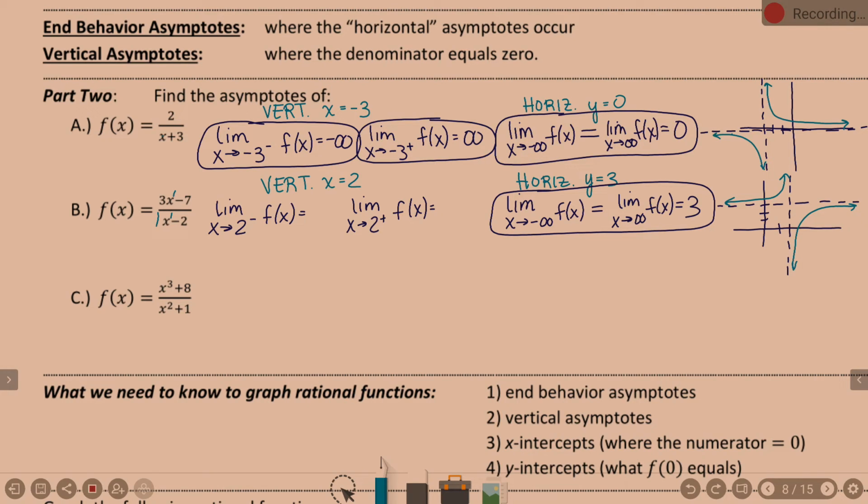What do we have? 3x minus 7 over x minus 2. Now, the asymptotes aren't showing on my calculator, but can you visualize where they are?